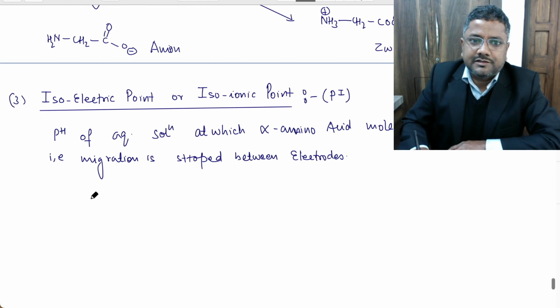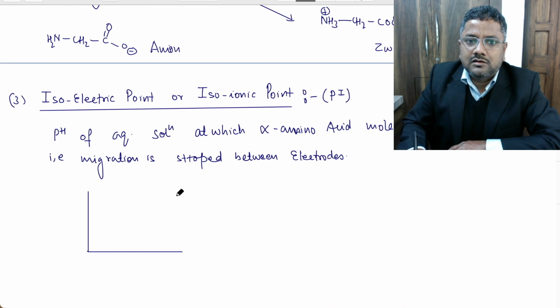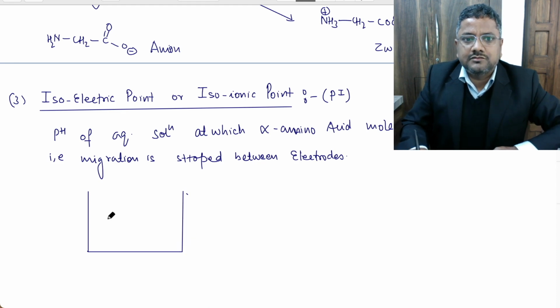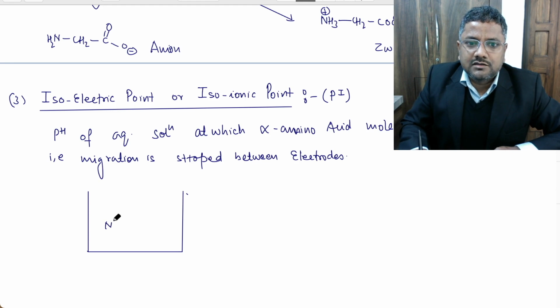Right? It means if you take an aqueous solution, and suppose this Zwitter ion exists like this, and you have electrodes, positive and negative.